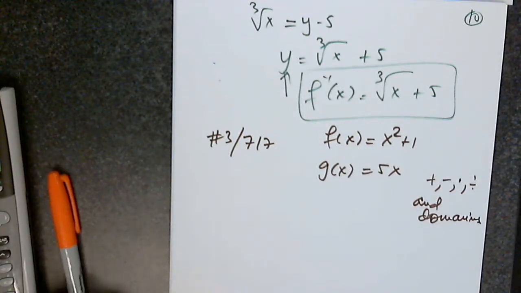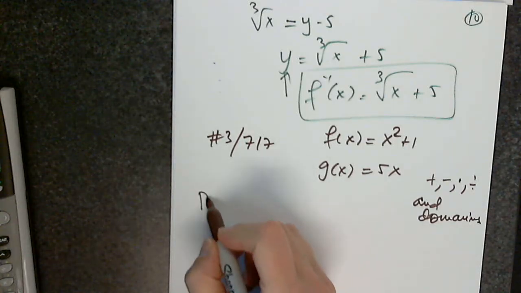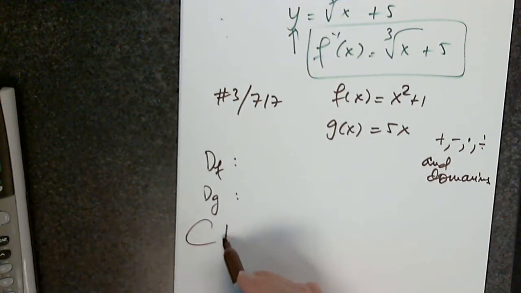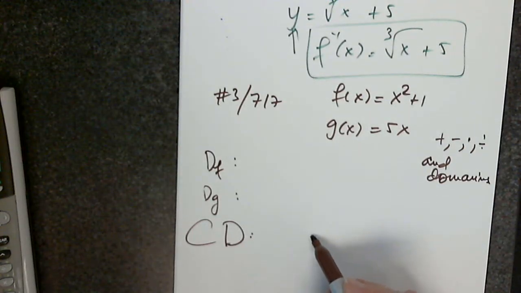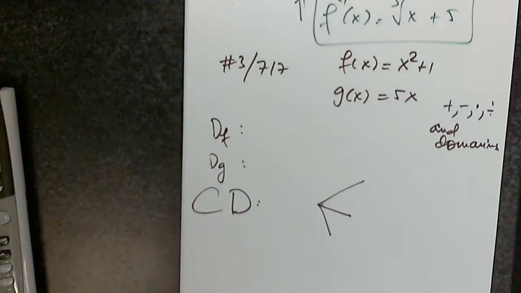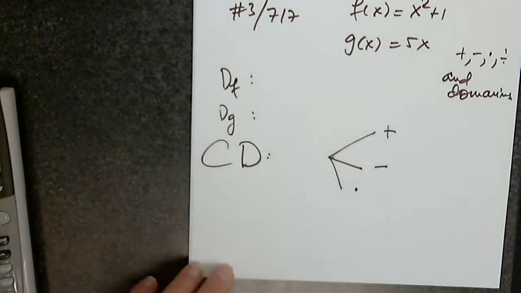Every time we're asked to find the sum, difference, product, and ratio, what is the first thing we have to determine? Of f and g, and then the what? Excellent. So first I have to find the domain of f, then the domain of g, and then I have to find the common domain. Why? Because this will be the domain of 3 functions for sure, always. Which functions? Sum, difference, and product, yes.